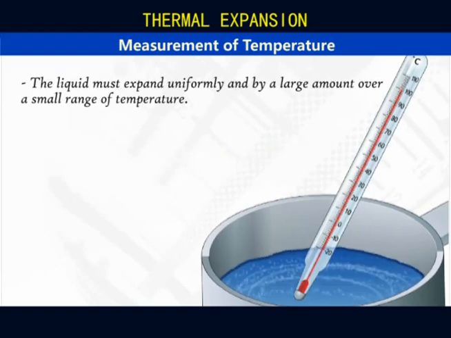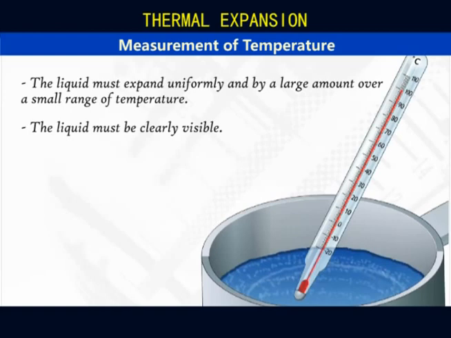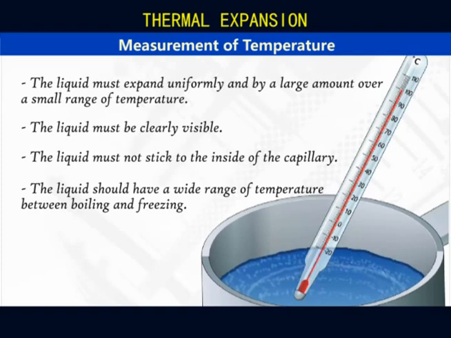The liquid must expand or contract uniformly and by a large amount over a small range of temperature. It must be easily visible. It must not stick to the inside of the tube and should have a wide range of temperature between boiling and freezing. The most common liquids for use in thermometers are mercury and alcohol.